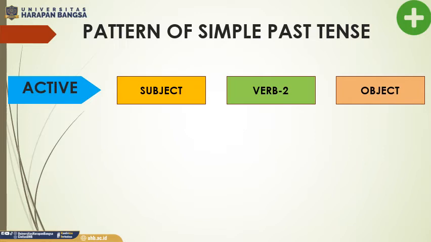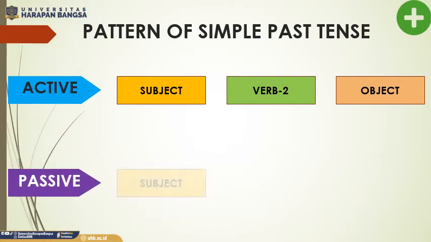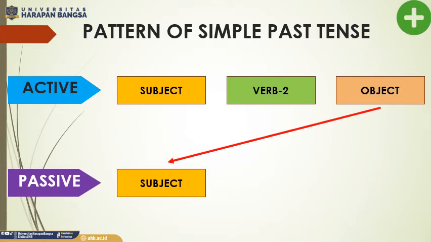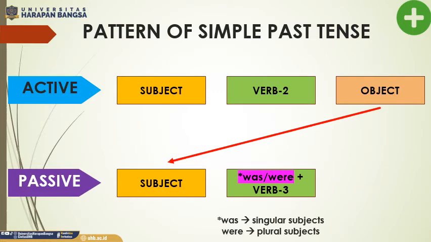When it is changed into passive, the object becomes the subject, and then the verb becomes was or were with verb 3. And remember, was is used for singular subjects and were for plural subjects. And the last is by agent, by someone.